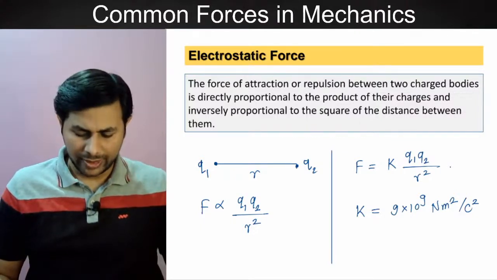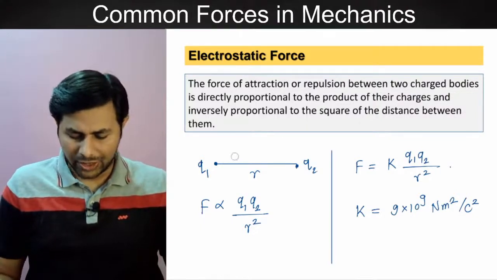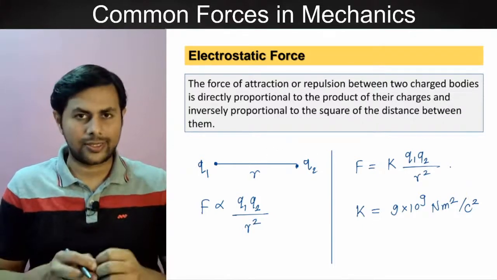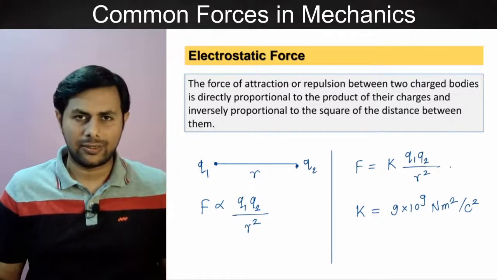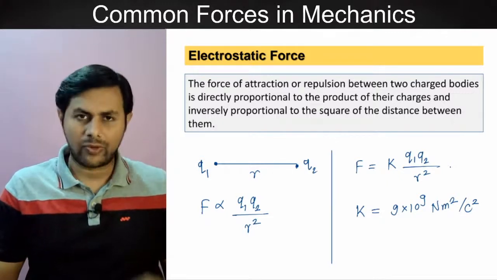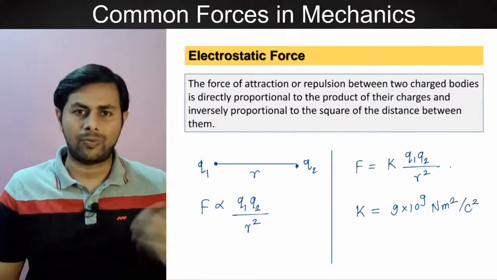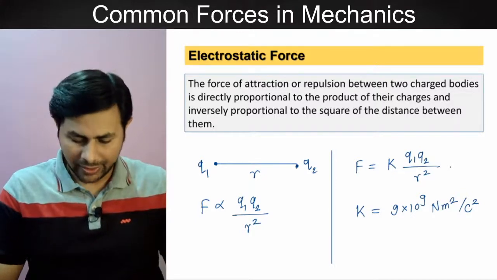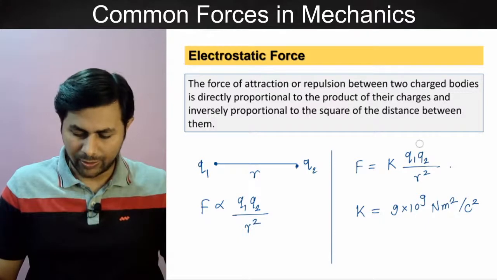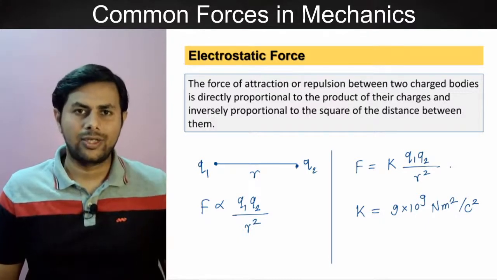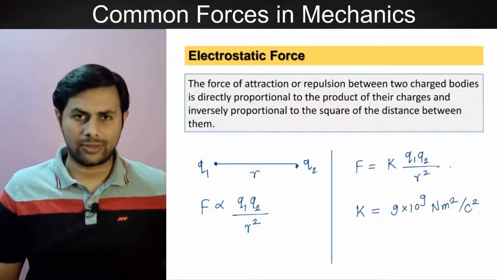So positive means q1 is pushing q2 towards the right-hand side, and q2 is pushing q1 towards the left-hand side. If one of them is positive and the other is negative, then this product will have a negative sign, and negative means an attractive force.